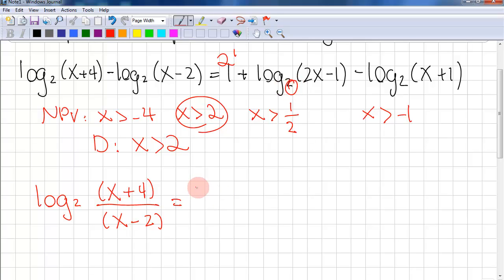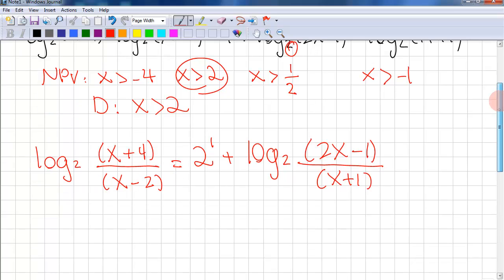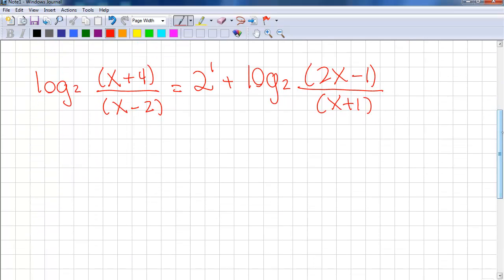So we know this would be 2 to the power of 1 plus log base 2, and again we have a subtraction over here, so again it's going to be a division when we're using log, (2x minus 1) divided by (x plus 1).